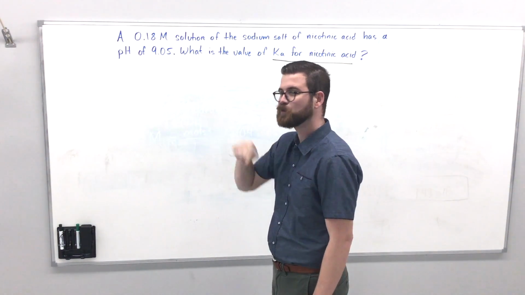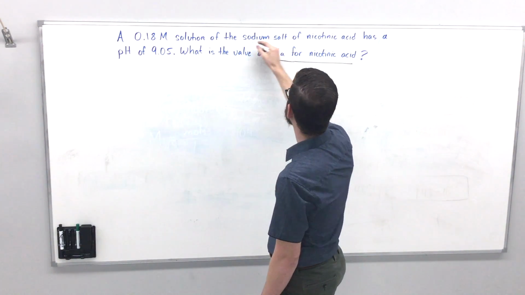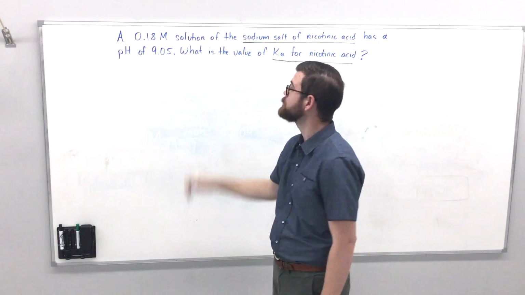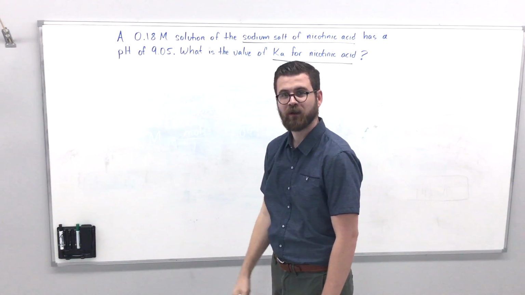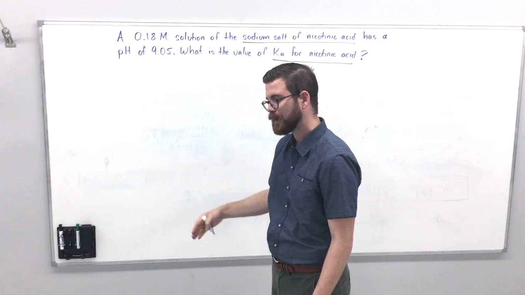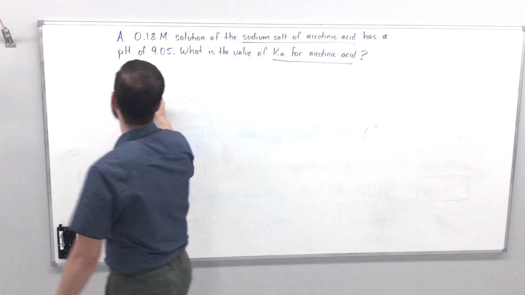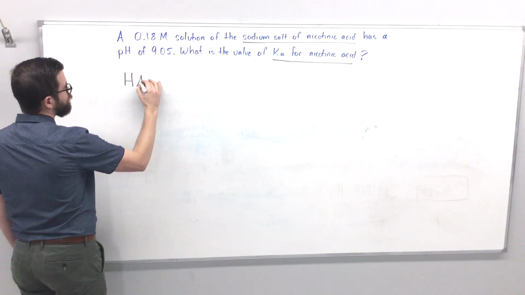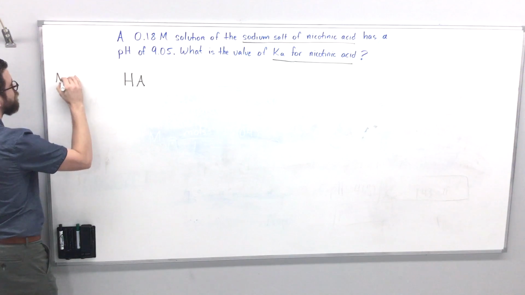So I think the first step in this journey is to understand what on heaven and earth that is, because that's what the 0.18 molar obviously relates to. To do that, we just have to understand that, let's say this is nicotinic acid.